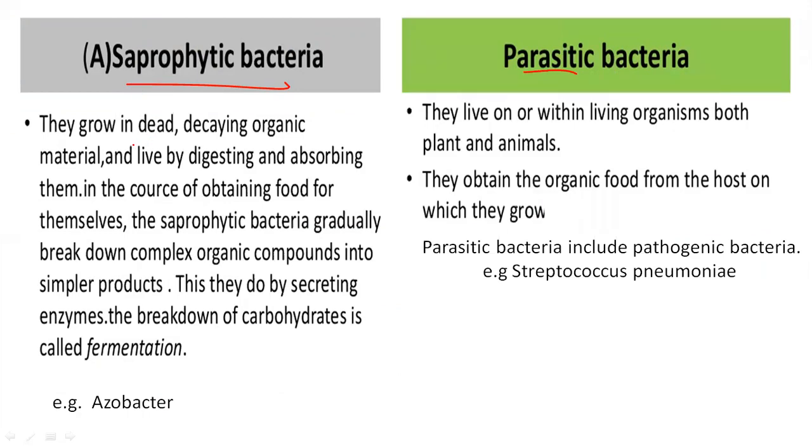Saprophytic bacteria grow in dead, decaying organic material and live by digesting and absorbing that type of material. While obtaining food for themselves, saprophytic bacteria gradually break down complex organic compounds into simpler products, by secreting their enzymes to break down the carbohydrates.